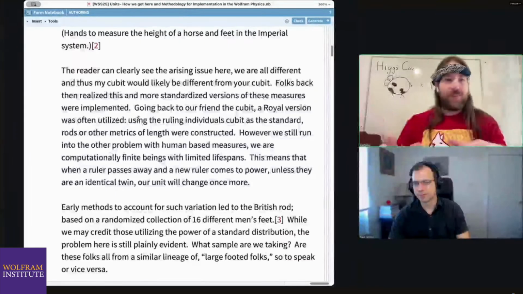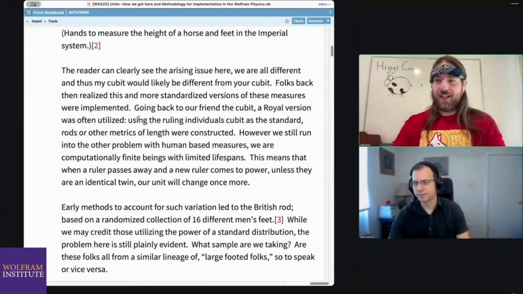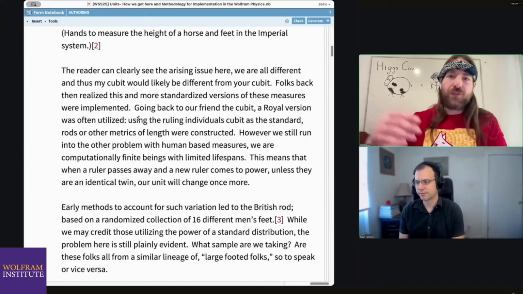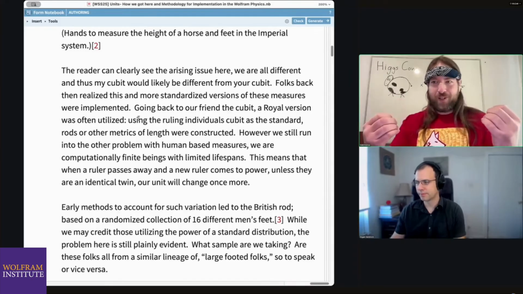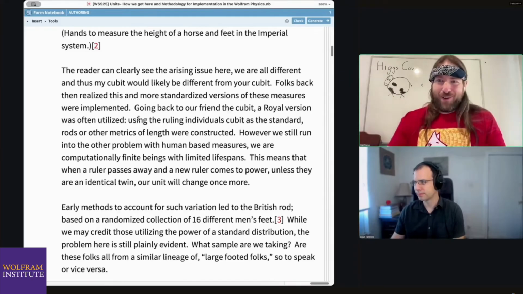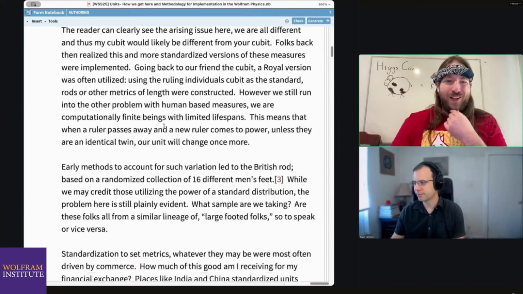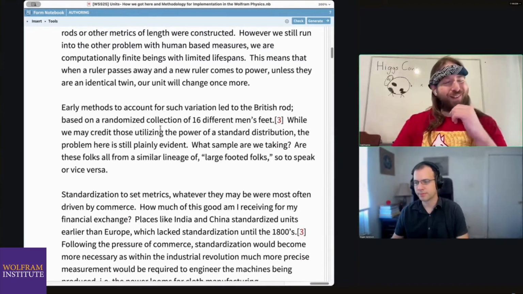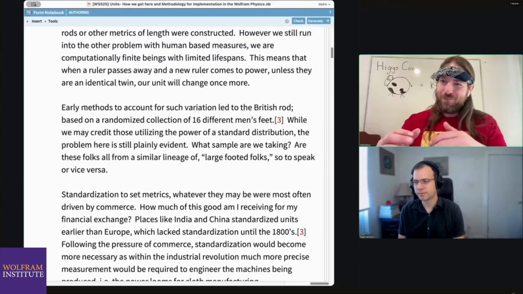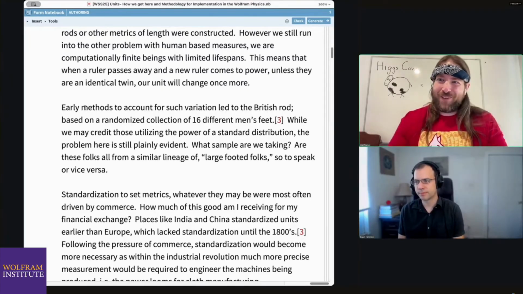So you also have things from the imperial system like the hand and the foot. So the hand is often still used to measure the height of a horse. The foot is still basically one of our standard units of measure here in the States as well. One of the interesting things that you come across here is people realize that everyone's different.